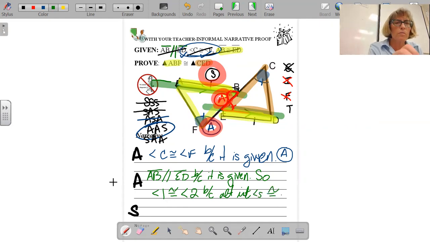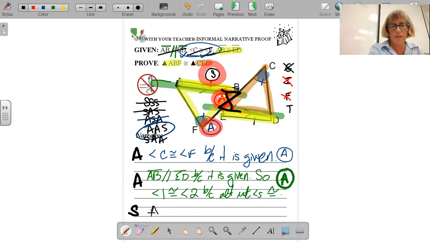Alternate interior angles, that'd be these guys, armpits of the Z. That's where we got those. Alternate interior angles are congruent. There is our other pair of angles.